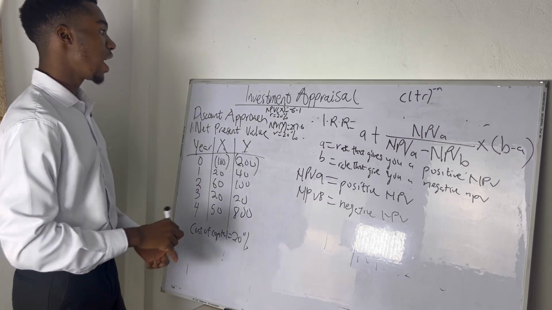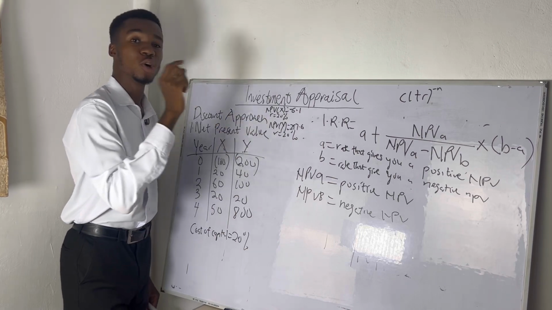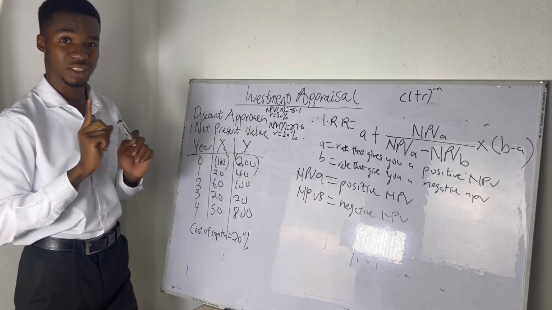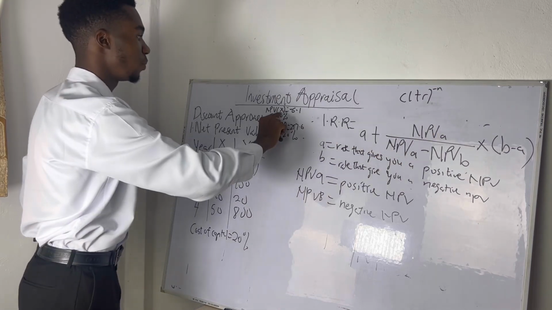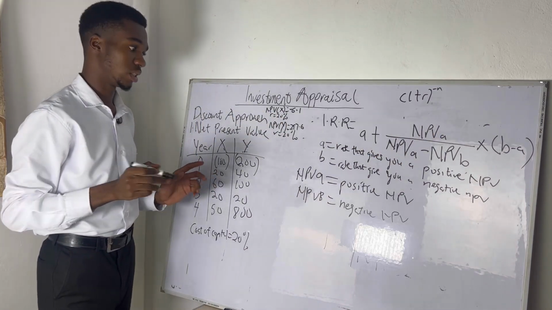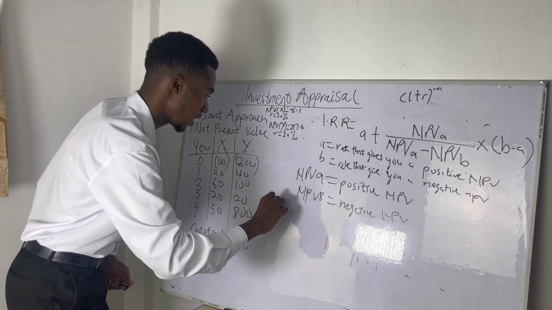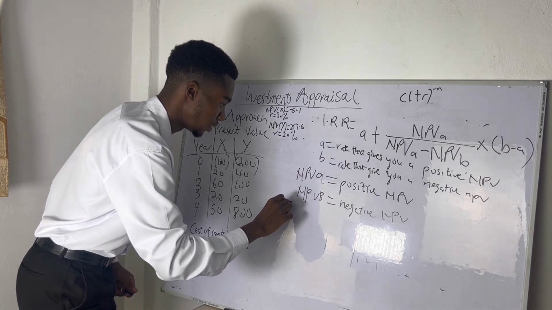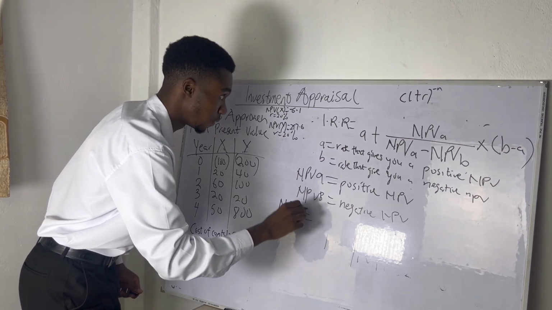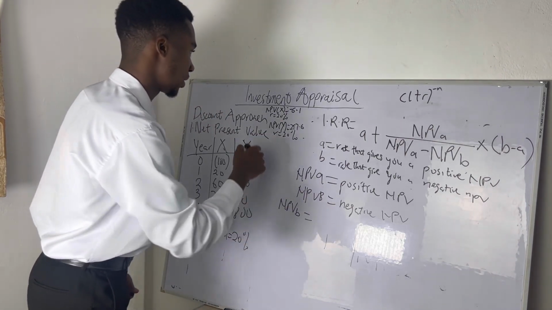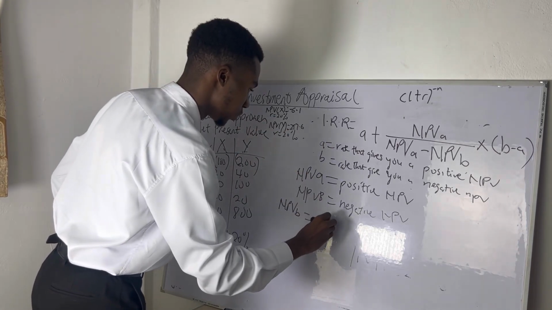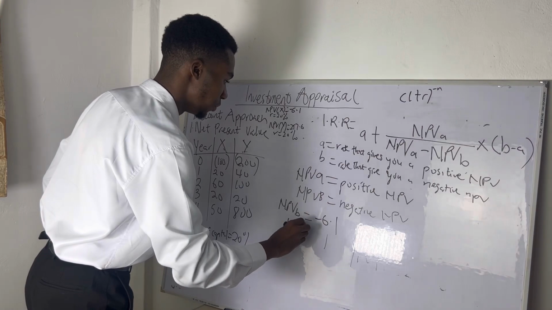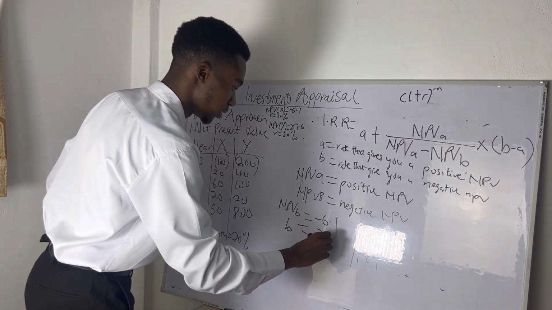Now we have the NPV that is negative, but we also need the NPV that is positive as well. You get it? We need the NPV A. We only have NPV B right now. So right now, our NPV B for investment X, which is the negative NPV, is negative 6.1, and our B, the rate that gave us the 6.1, is 20%.